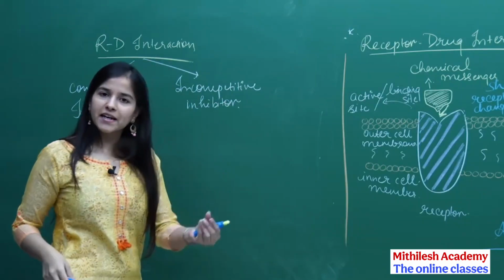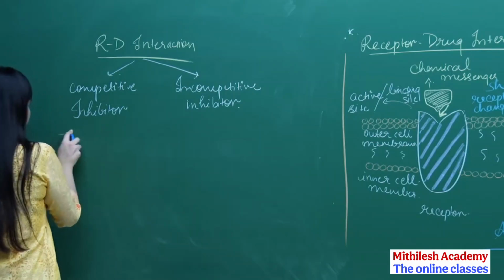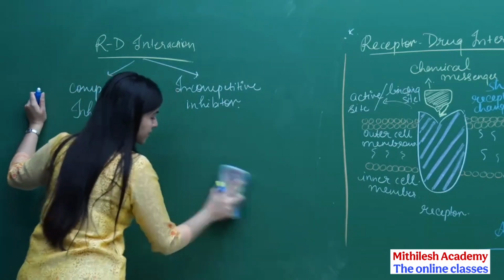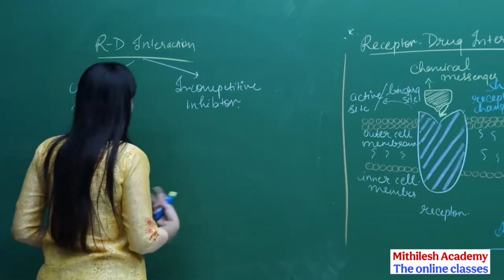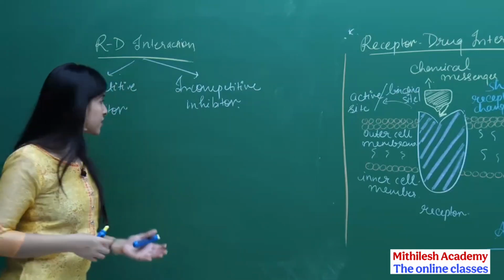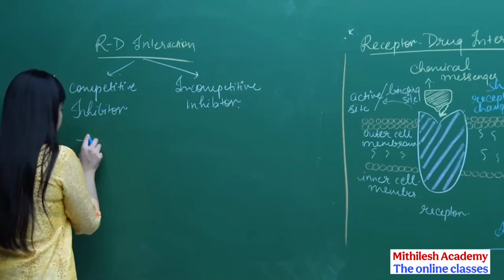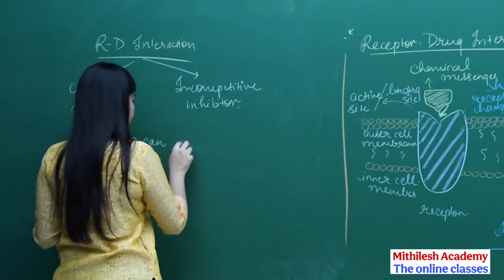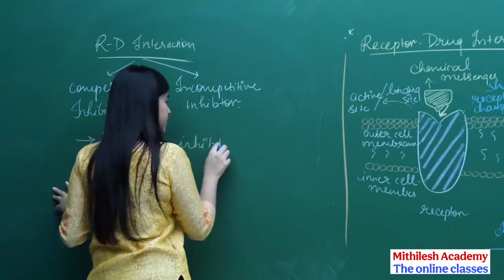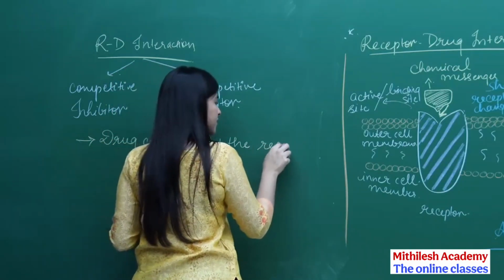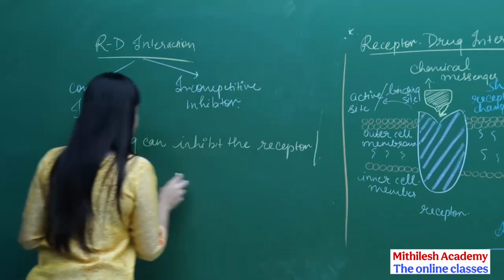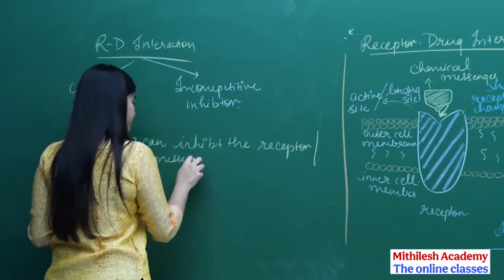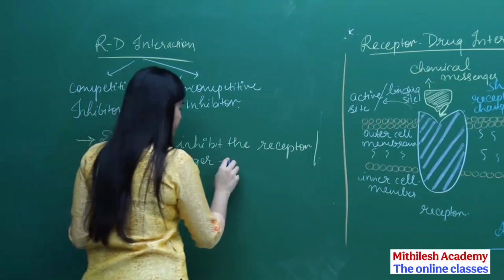So here it will be uncompetitive. So first of all, it can do what? That would be over here, that is blocking the site somehow. And I may not be including that in the uncompetitive inhibitor. So first of all, the drug can inhibit the receptor and chemical messenger interaction.